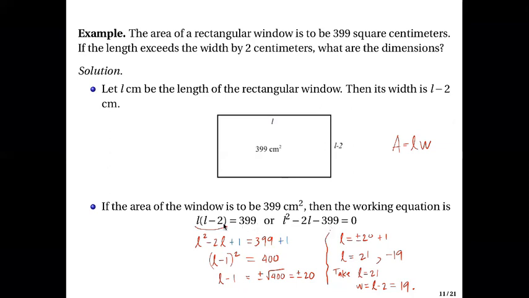Or you don't remember completing the square and you look at this, you were overwhelmed, so you didn't want to use factoring, you just use quadratic formula. That's totally fine. You will get all the same answers. Okay? So this is one method. Let us use another method.